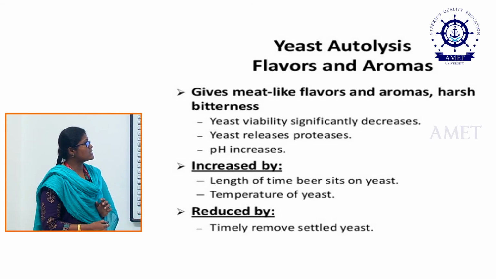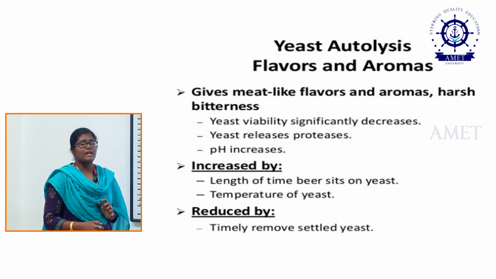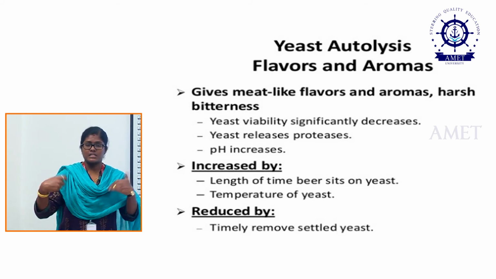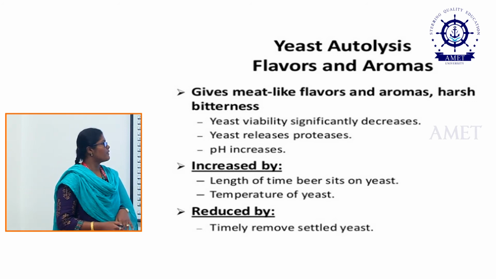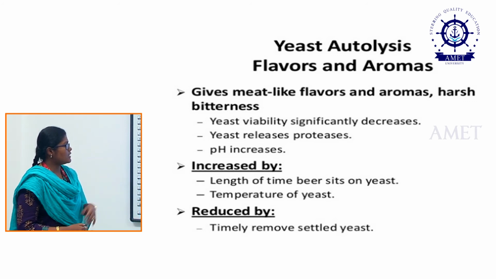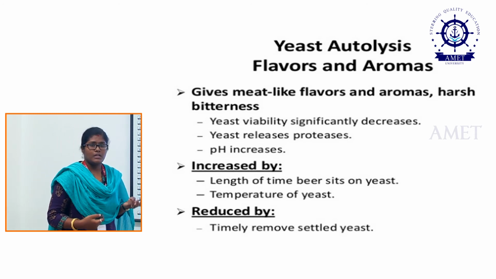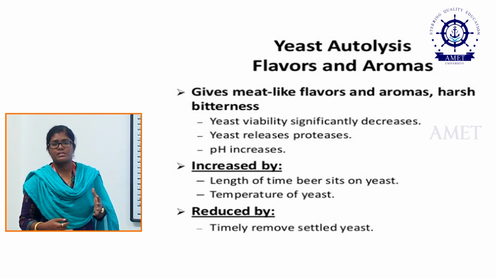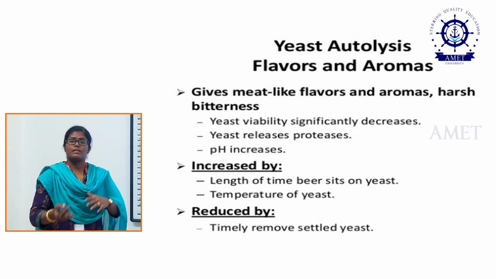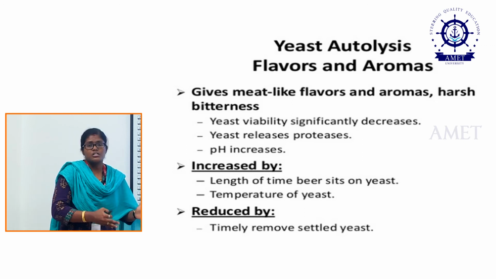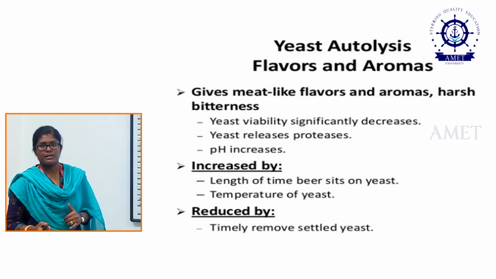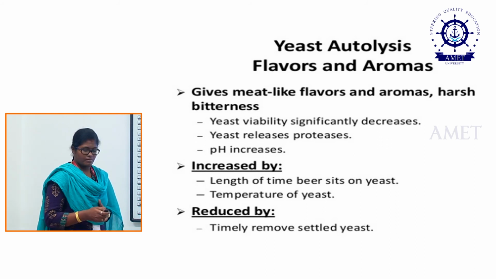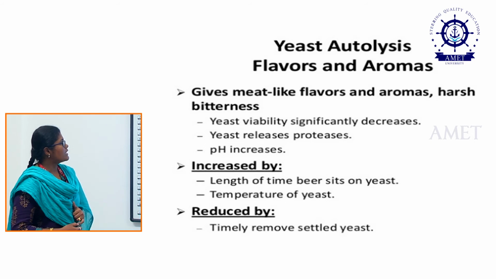Autolysis is the terminology which describes the death of the cells; it kills itself. So autolysis is nothing but the cell killing itself. Bitterness is usually contributed by the hops, but if there is a harsh bitterness when drinking the beer, it is ultimately due to yeast autolysis.